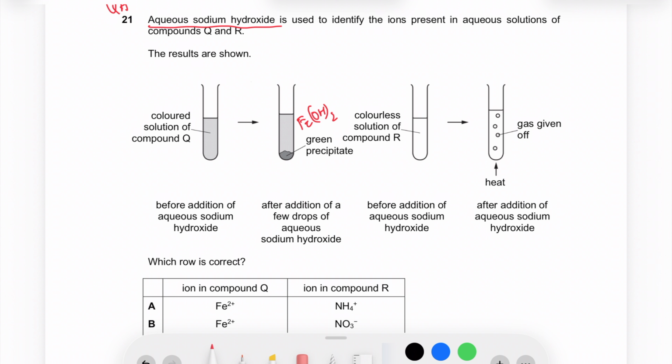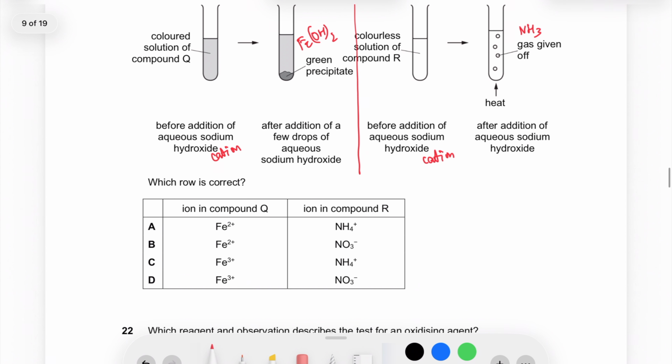So you add sodium hydroxide, a gas is given off, so this gas most likely is ammonia gas. Okay, so this is testing for cations. This is also testing for cations. So you will have your NH4+ here, and then this is your iron 2+. So the answer will be this one, and this answer is A.